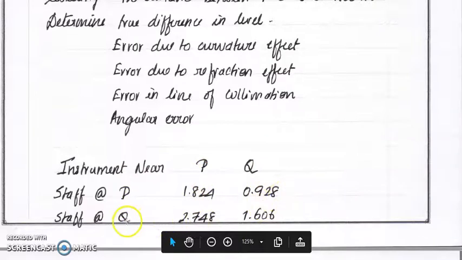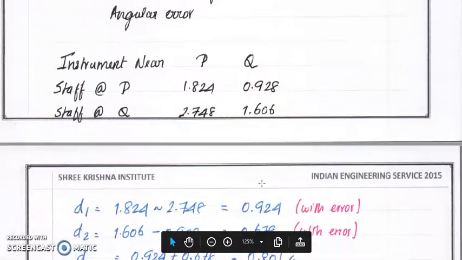When the staff is held at Q, with the instrument at P, the reading is 2.74. So 1.824 is the true reading and the other is the incorrect reading. When the instrument is kept at Q, 0.928 is the incorrect reading and 1.606 is the correct, true reading.